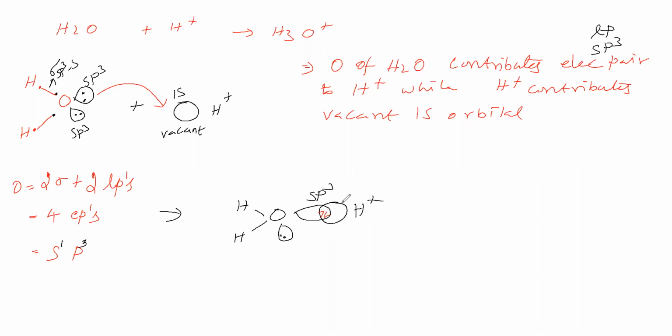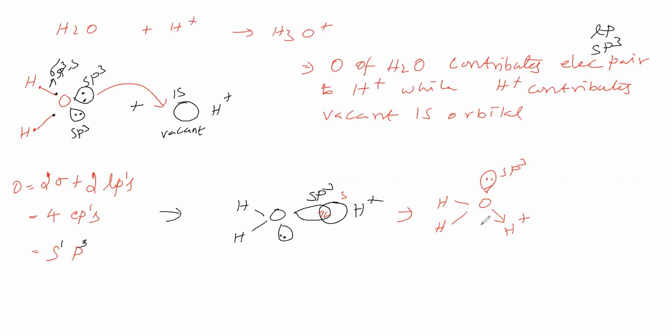Next we will write this as a bond, an s orbital. Now hydrogen, here oxygen, and here 1 lone pair is there. It is present in an sp3 orbital.